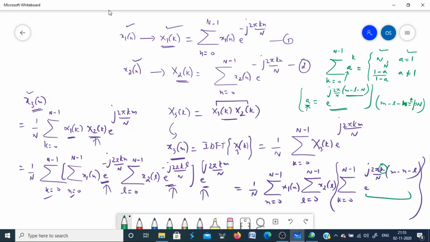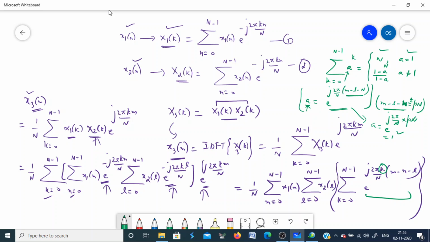So in that case, suppose it is Pn, where P is an integer. It may be n, 2n, 3n, whatever it is. What will happen here? Your a will become e raised to power j 2 pi by n into Pn. This n will get cancelled, and e raised to power j 2 pi is nothing but 1.